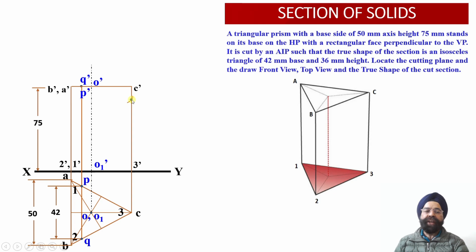So this was P dash, Q dash. This point we are going to label as R dash over here. Now the moment we join the points P dash, Q dash with R dash, we'll find that this distance happens to be 36 millimeter. And the third point of intersection has been obtained in the front view projections over here.